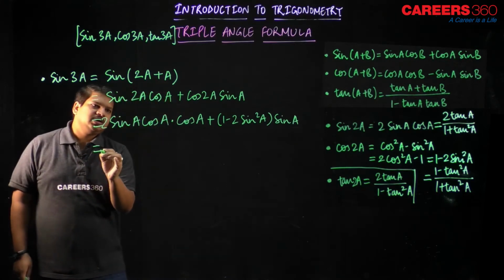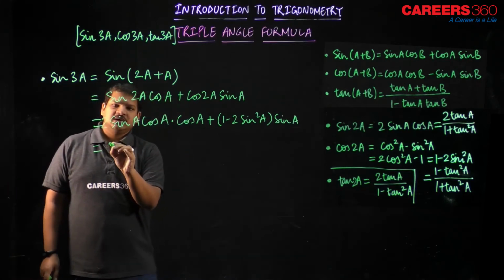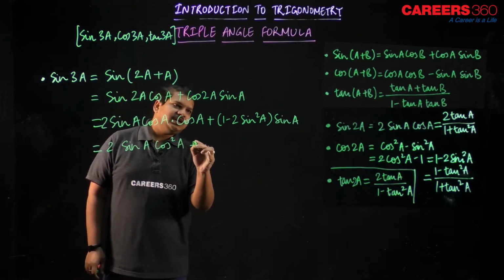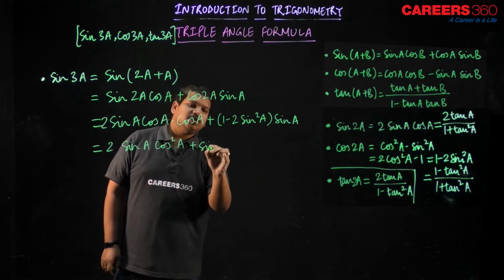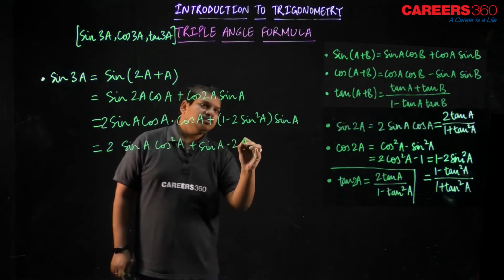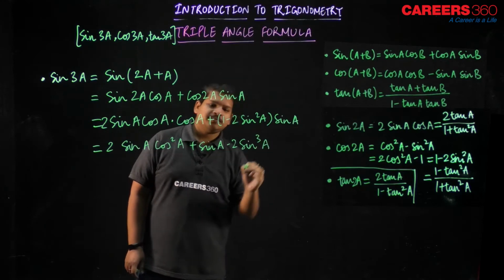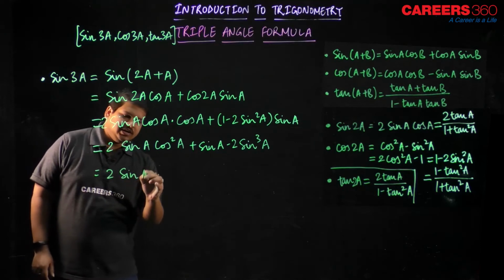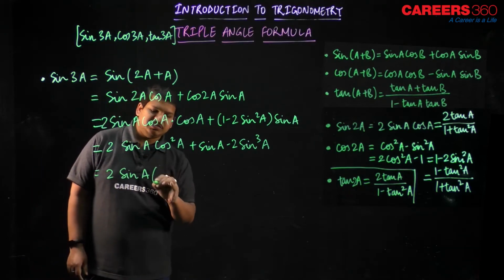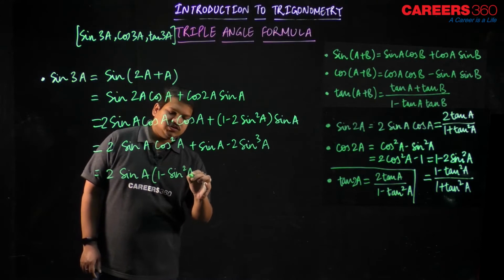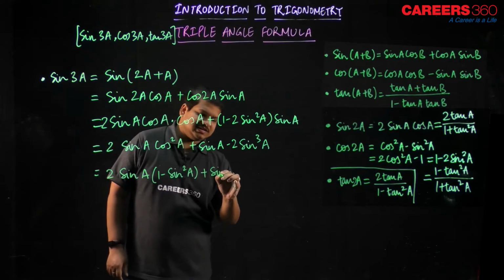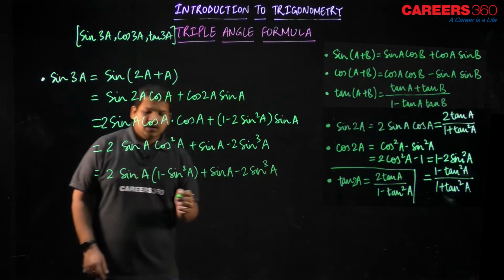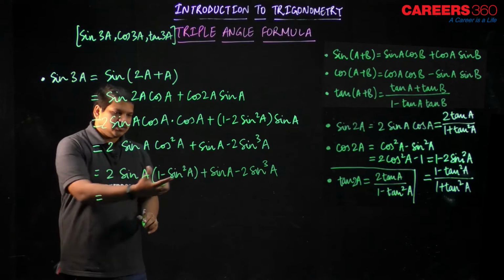Now if I simplify this more, what I will be getting is 2 sin A cos square A, and then plus, if I open this bracket, sin A minus 2 sin cube A. Alright, now proceeding forward, this would be 2 sin A, and then we have cos square A. Cos square A can be written as 1 minus sin square A, plus sin A minus 2 sin cube A. Now I am just going to open this bracket.